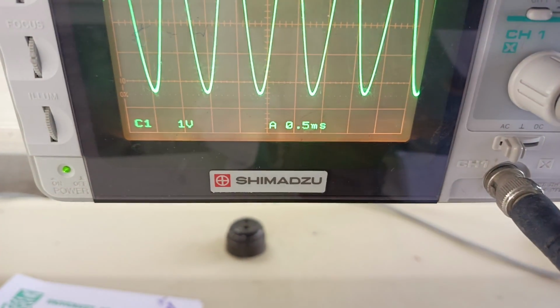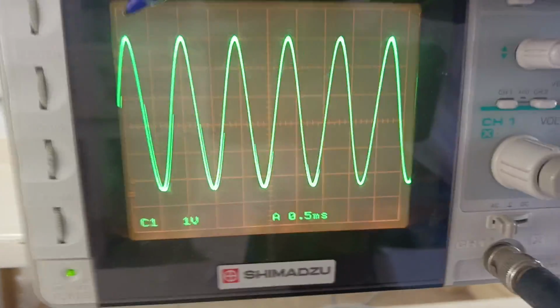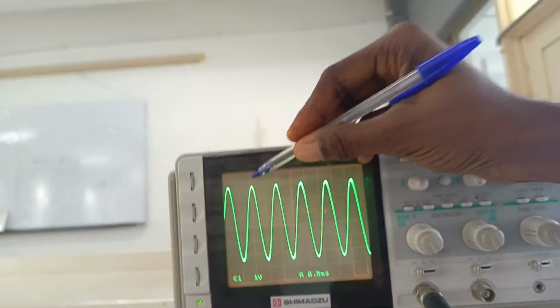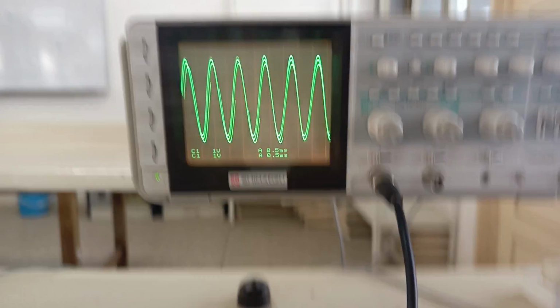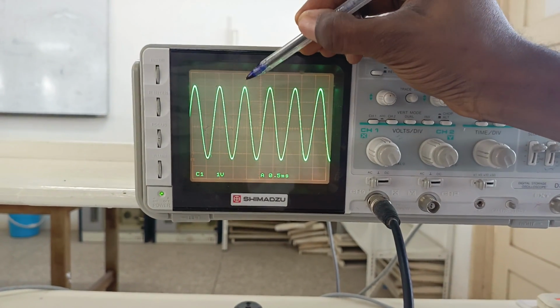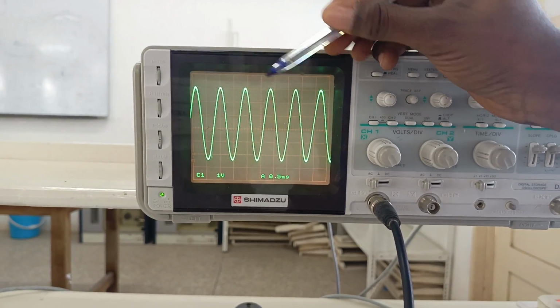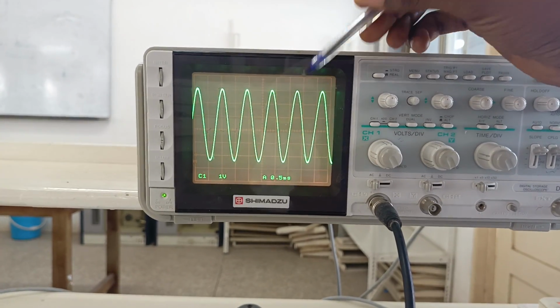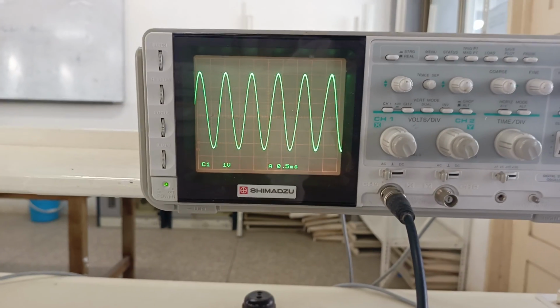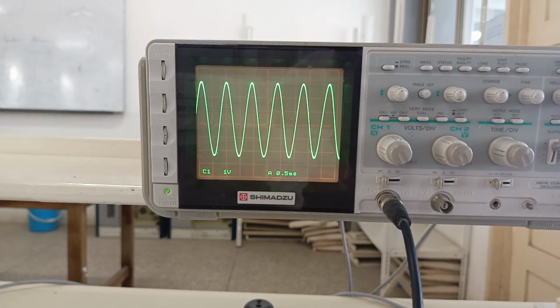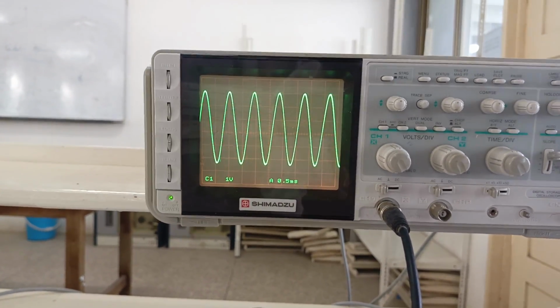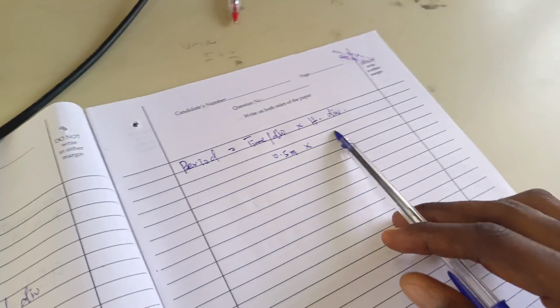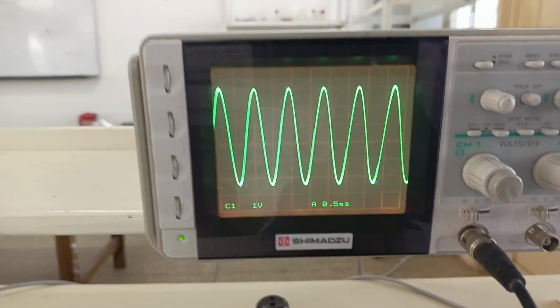From here to here is one cycle. From here to here is another cycle. This is also another cycle. So in total, we have about 1, 2, 3, 4, 5 cycles here, right? But we only need one cycle. If we want to double it, we can just double it. So our calculation is based on only one cycle.